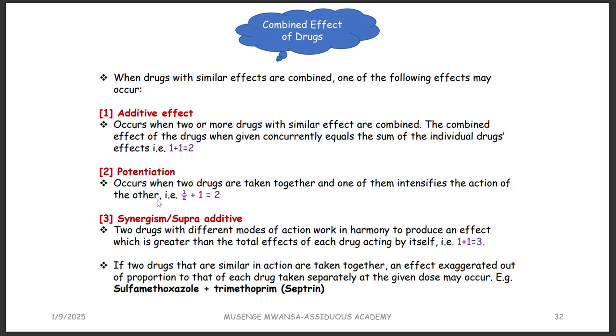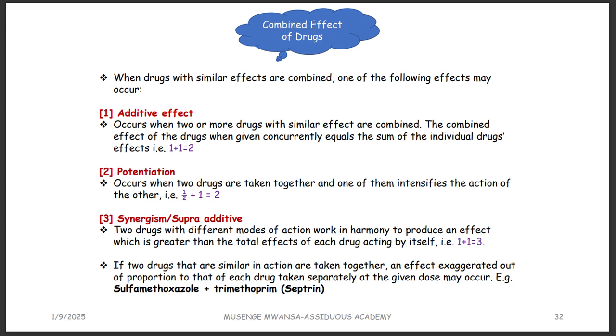Potentiation is where, when you take two drugs, one of the drugs intensifies the action of another drug. For example, drug A was supposed to make you feel better. When you give drug B, it doesn't have too much of the action that drug A has, but it will potentiate, it will make you reach a point where the action is more than twice.